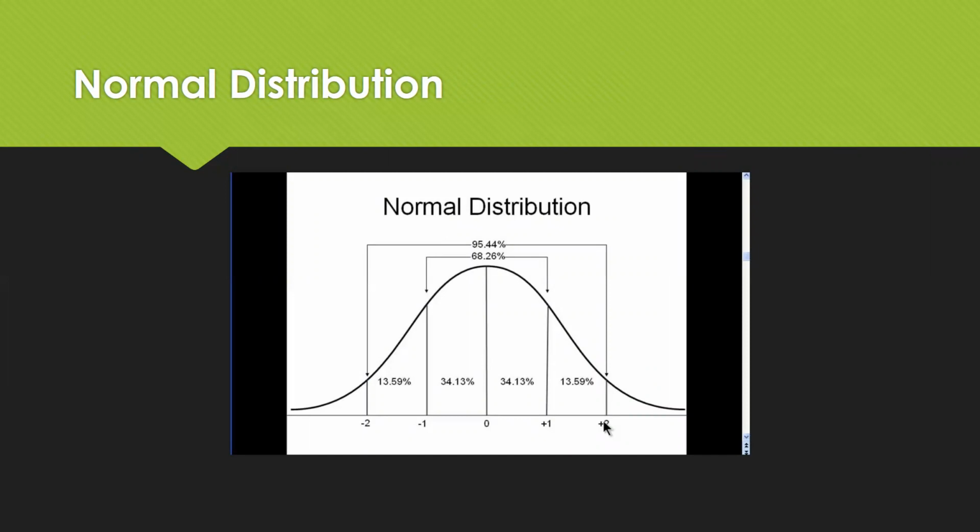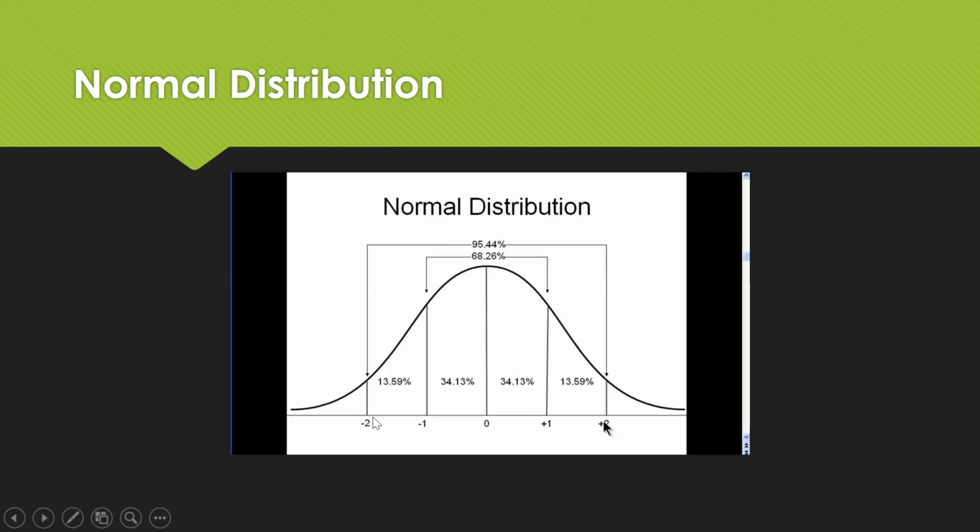And in this one, one of the key concepts here is that there's standard deviations around the mean. So here's the mean, which in a normal distribution is also the median. And within one standard deviation away from that mean is 68% of the population.